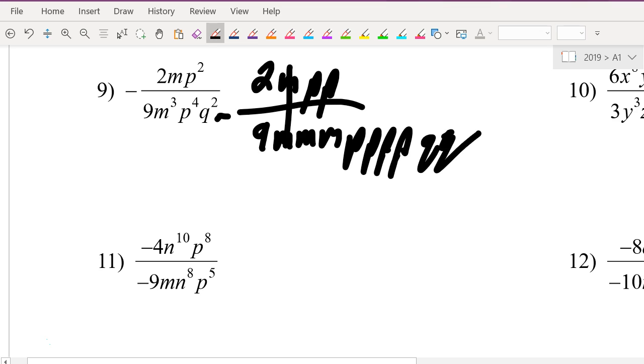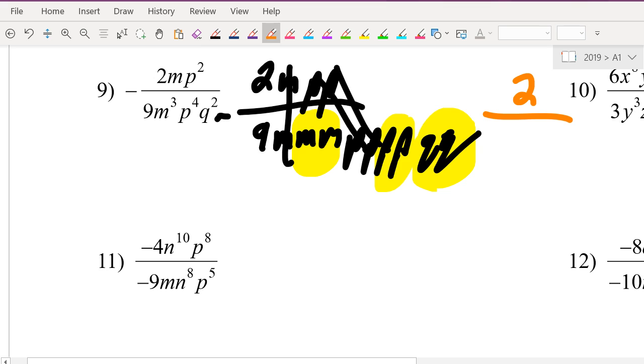Alright, there we go. So we got 1 m that crosses out, 2 p's that cross out, but we still have 2 m's here, and we still have 2 p's here, and we still have 2 q's here. Am I right? Yes. Okay, good. So then we have a 2 here, and we have a negative. Don't forget that negative. M squared, p squared, q squared. I think that's right.